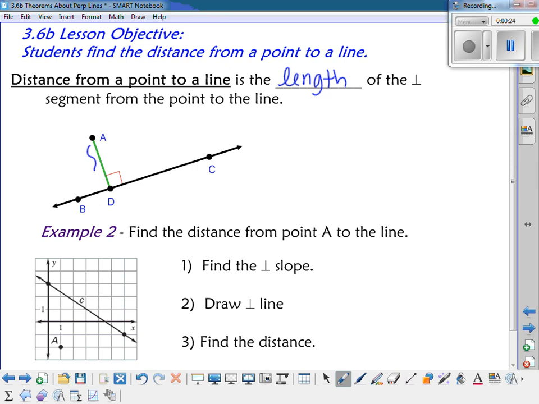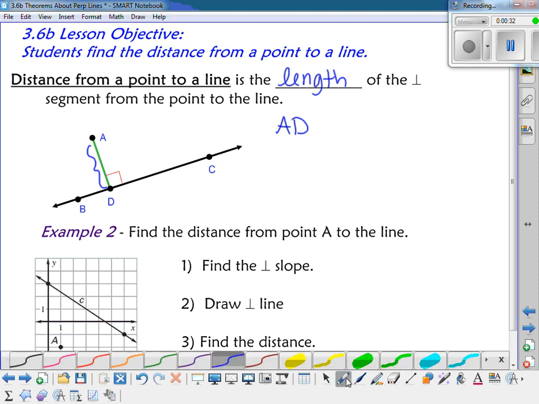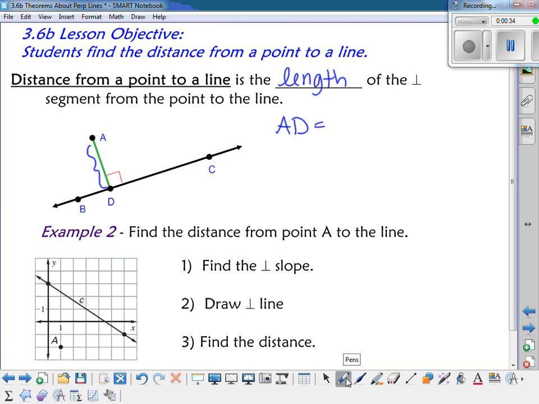So in my picture here, the length of AD is going to be the distance from point A to line BC.